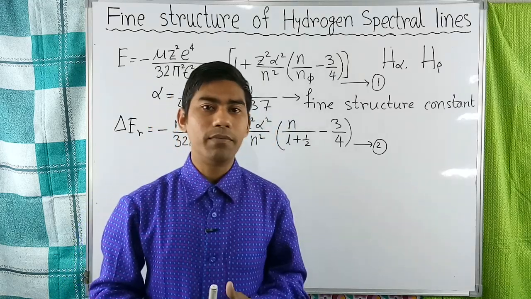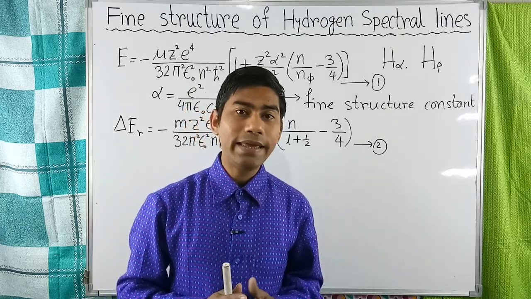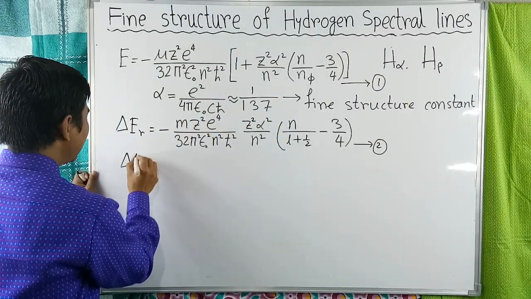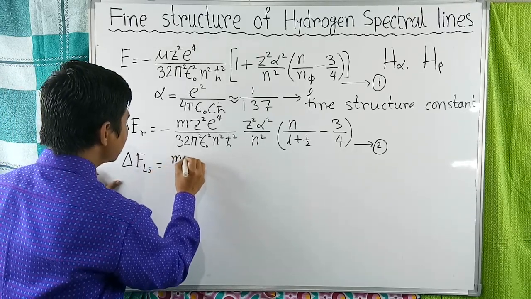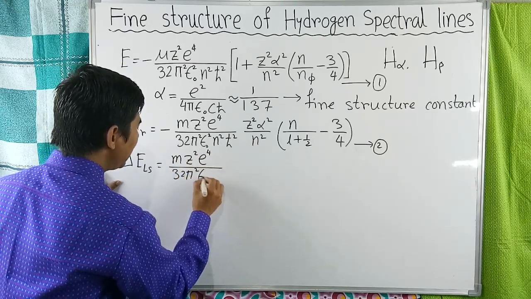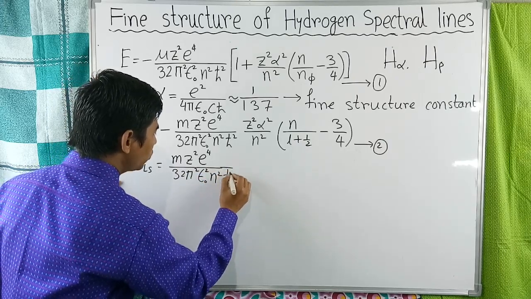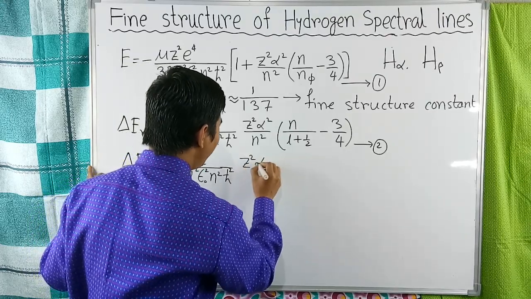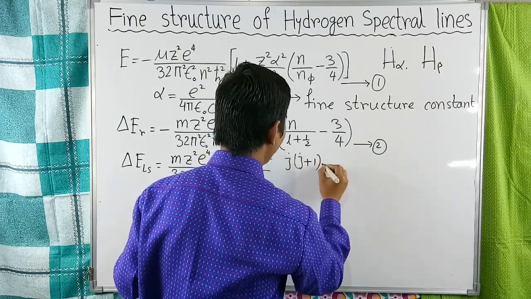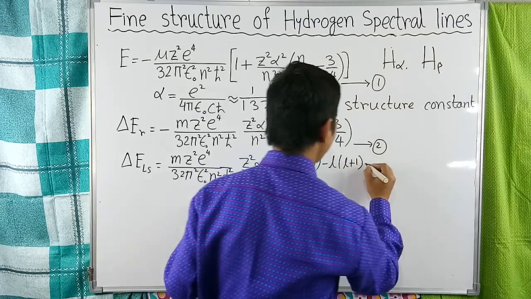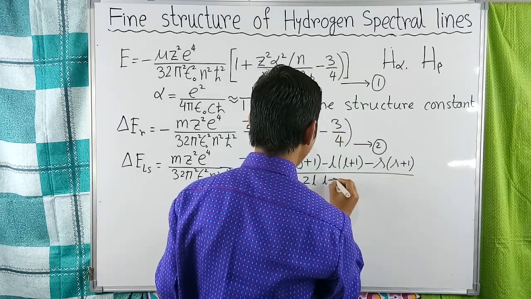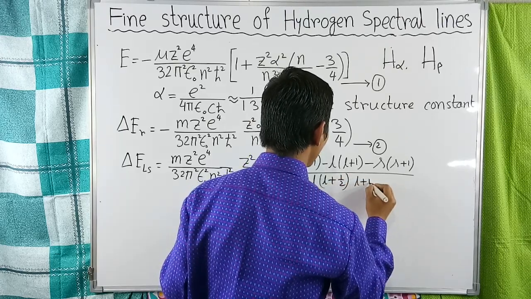The additional correction term taking into account spin orbit coupling is necessary, and the spin orbit coupling term is delta E Ls equals m Z squared e to the power 4 by 32 pi squared epsilon 0 squared n squared h cut squared, into Z squared alpha squared by n, into J into J plus 1 minus L into L plus 1 minus S into S plus 1 by 2L into L plus half into L plus 1.